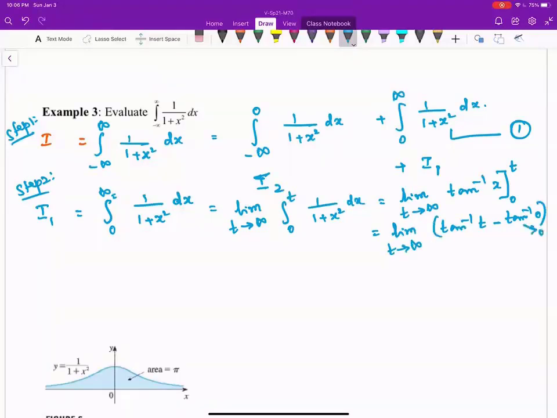Inverse tan 0 is 0, so it is inverse tan infinity, which is equal to pi by 2. Tan of pi by 2 equals infinity, right? That's why inverse tan infinity will be equal to pi by 2.